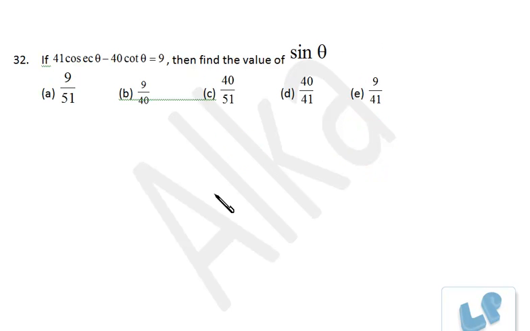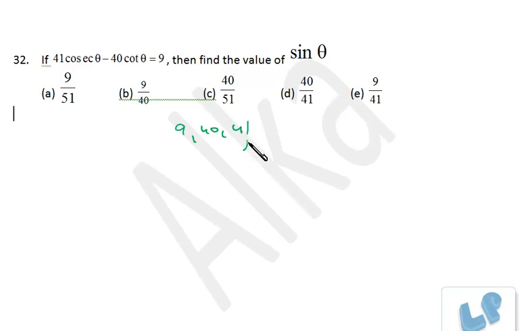Now friends, let's try this problem. Here, we have to calculate the value of cot theta, and then we have to find out the value of sin theta. So to save time, you must be aware of 9, 40, 41. These three are a Pythagorean triplet, right?